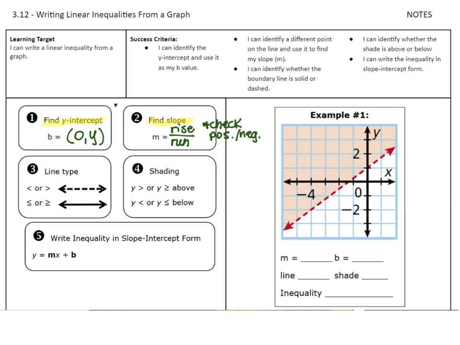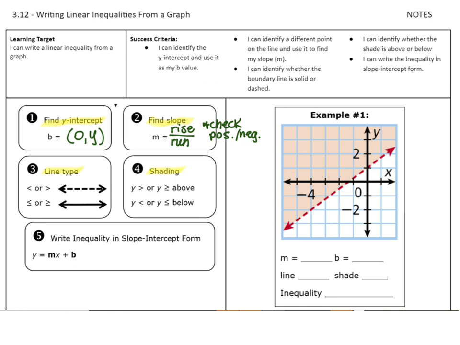Okay. Step 3 is to check the line type. Remember, a dashed line means it's going to be less than or greater than. And a solid line means less than or equal to, or greater than or equal to. And then 4, last thing is to check the shading. If y is less than or equal to, the shading is below.